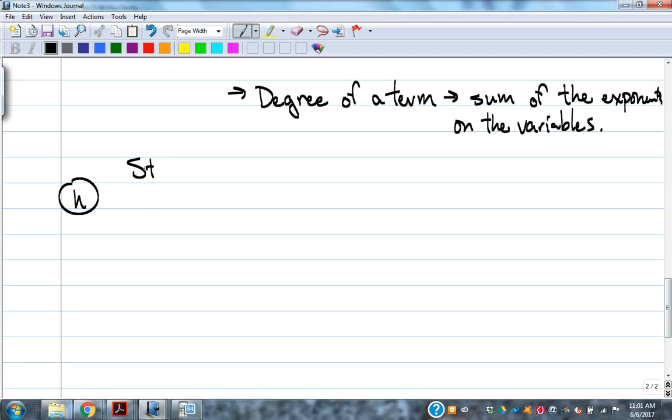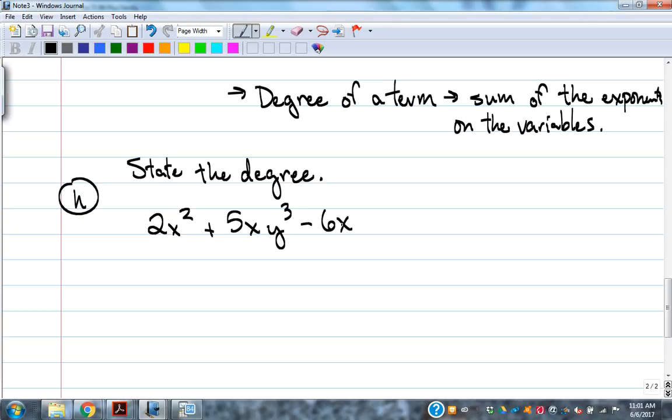We want to state the degree. Oops. Spell degree correctly. State the degree. All right, so our polynomial is 2x squared plus 5xy to the third minus 6x. Okay. So how many terms does this polynomial have?